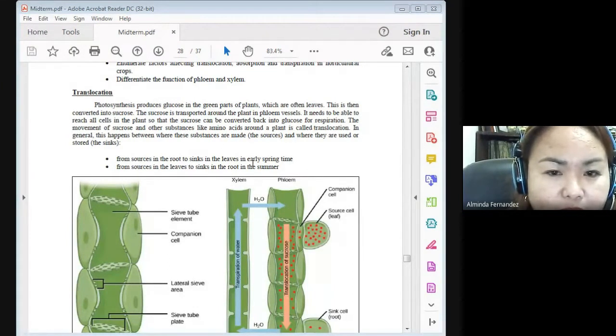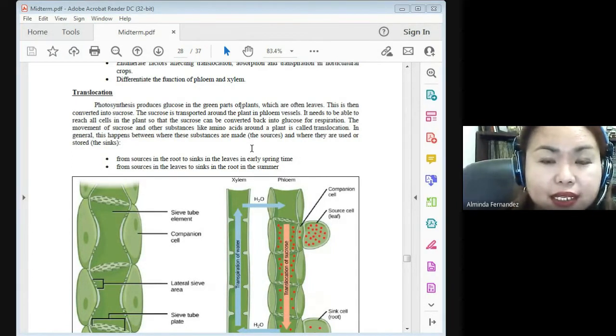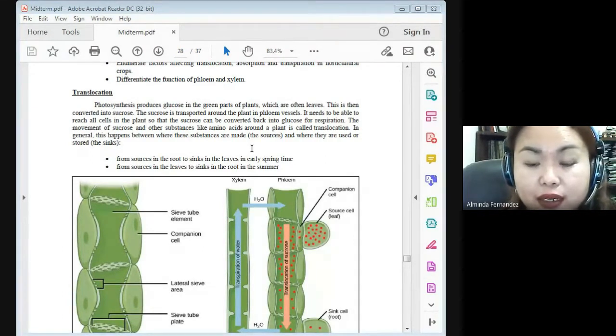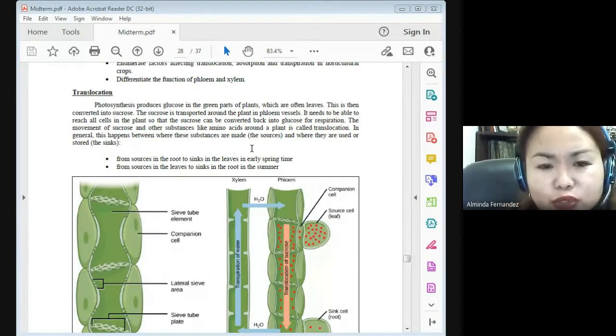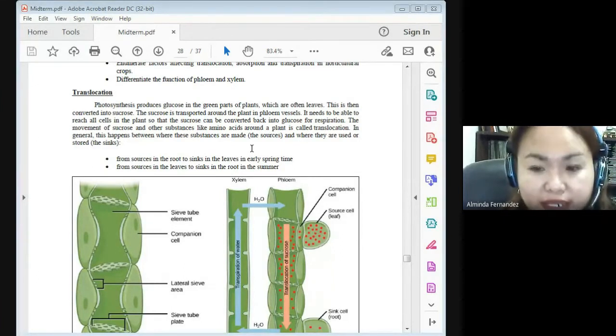So, usually meron yang sink, and usually yung mga flowering, yung mga growing tips, usually yun yung mga sink, no? Ibig sabihin yun yung mga need ng sucrose or energy.